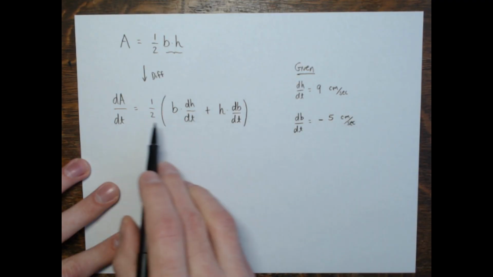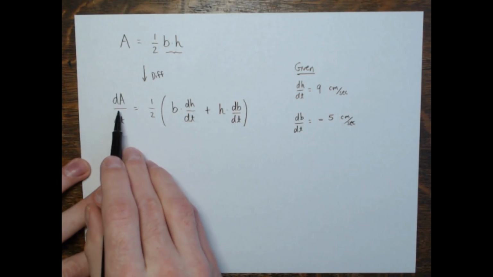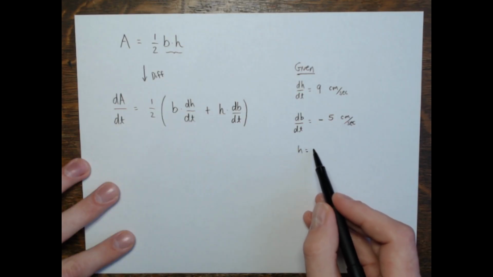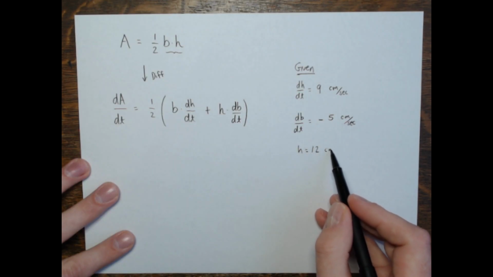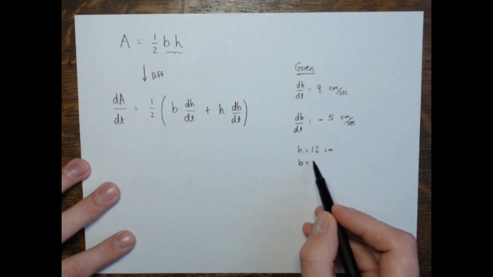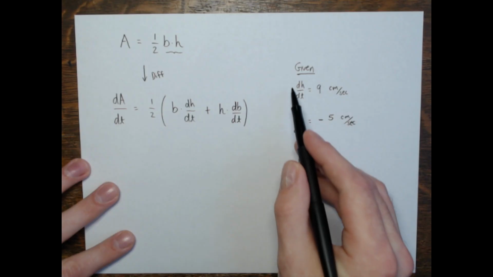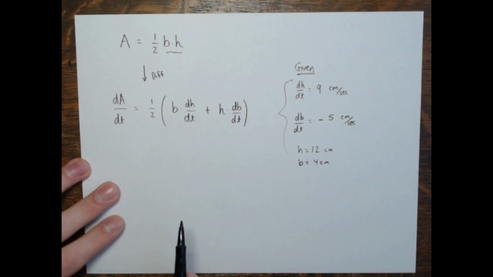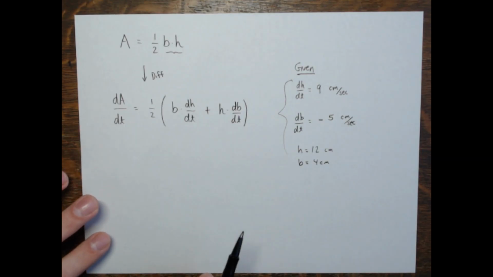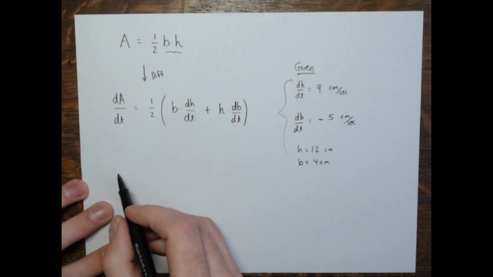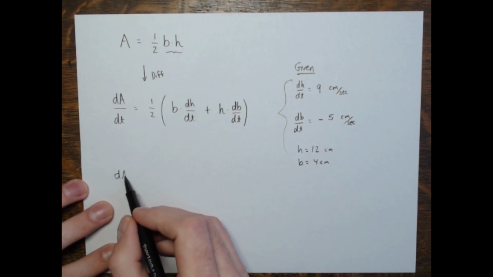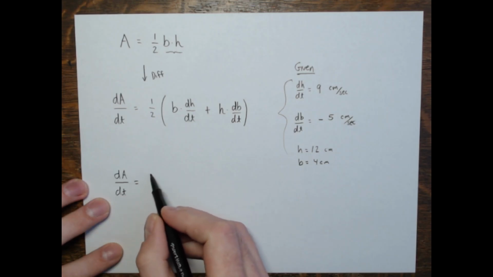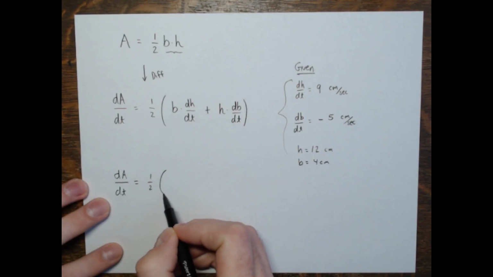And we want to know about dA/dt, find the rate at which the area is changing at the moment where the height is 12 centimeters and the base is 4 centimeters. Okay, so that's 4 of these missing pieces, and I can plug them all in and get the 5th one. Plugging those in, the rate at which the area is changing is half of.